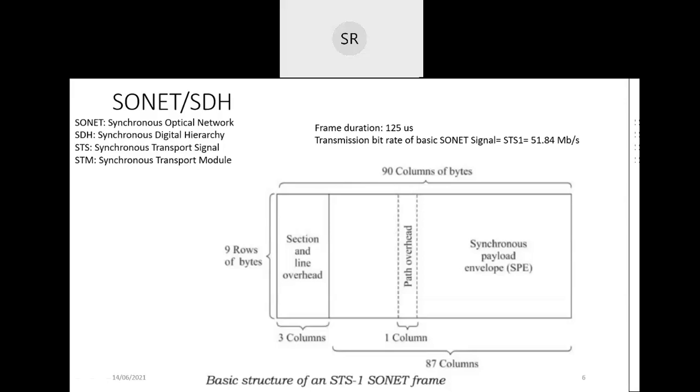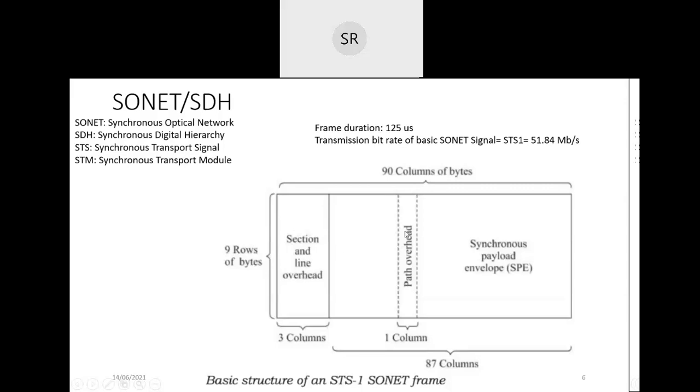Now in this case, if you see here, we are using 90 columns, and out of this, 3 columns are the section and line overhead, that is the interconnection between the nodes, that is, it carries the information for the given network.